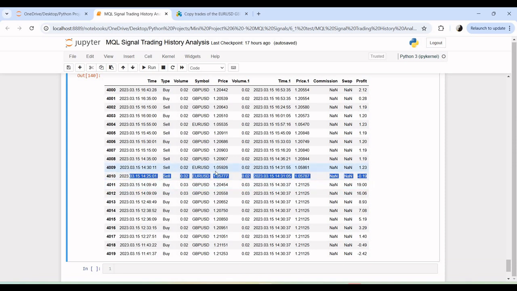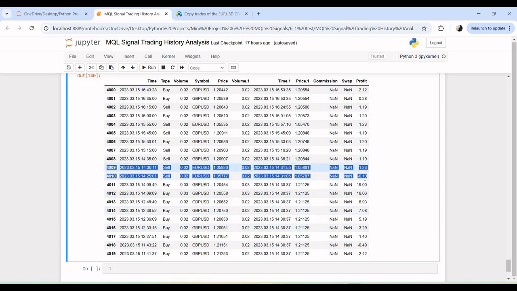But we'll notice right after this is a EUR/USD sell again, and the difference between these two is a close time of just 50 seconds, a 50-second delta there. So it kind of seems like this was an attempted martingale, but just missed the timing there.